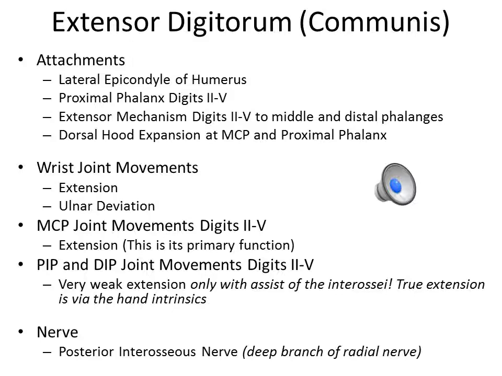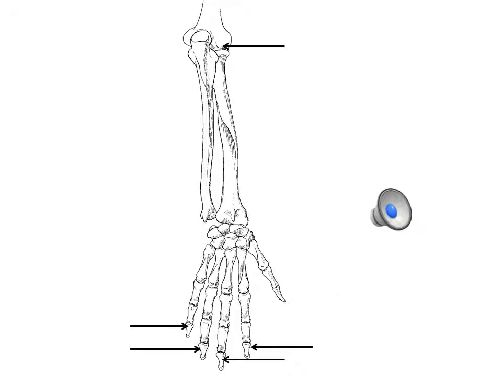The innervation of extensor digitorum is the posterior interosseous nerve, which is a deep branch of the radial nerve. Go ahead and draw in the muscle attachments as well as the muscle belly.